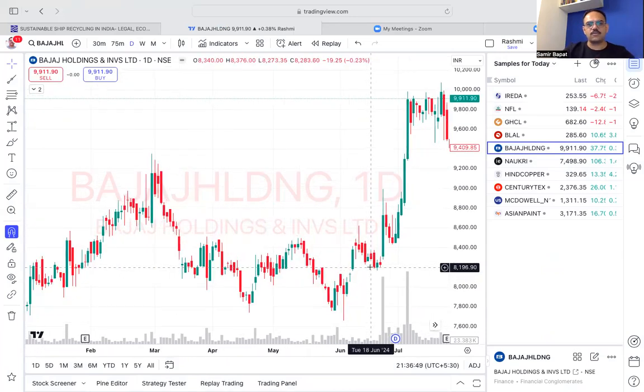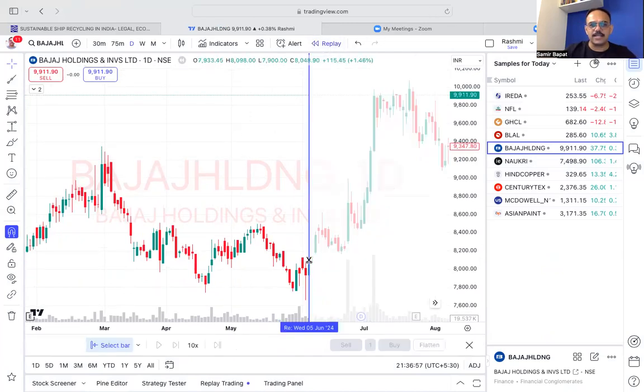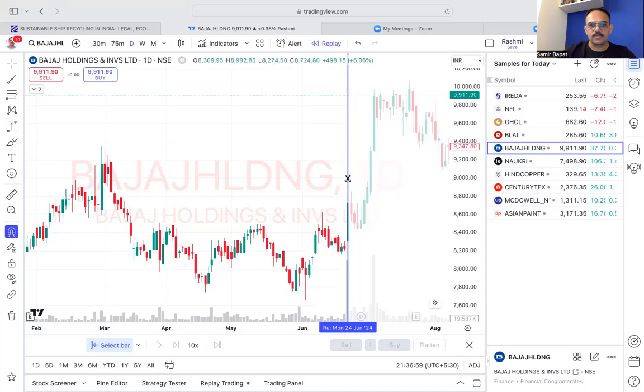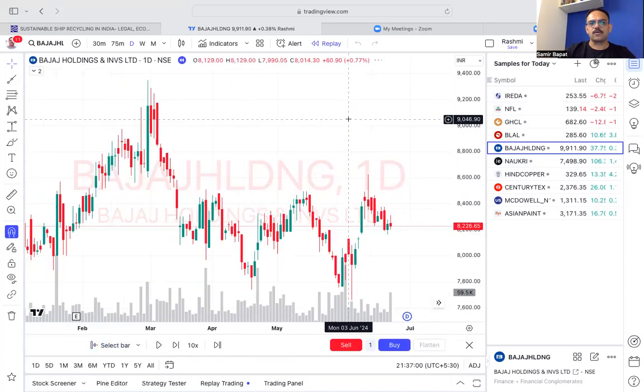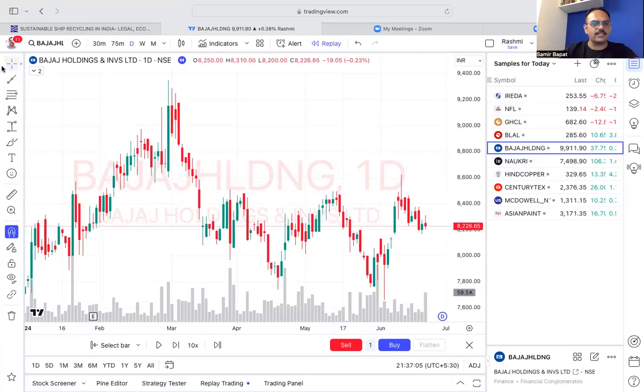See, this was the case here, what we were seeing. And when you are seeing a consolidation, you will see something like this. Okay. This is a consolidation. This is the consolidation of a price.